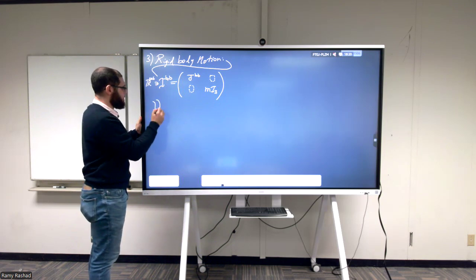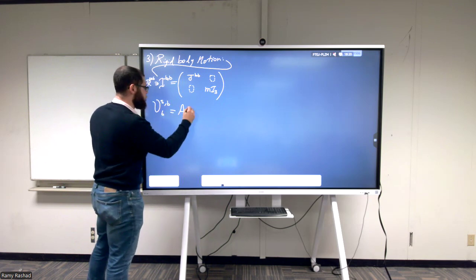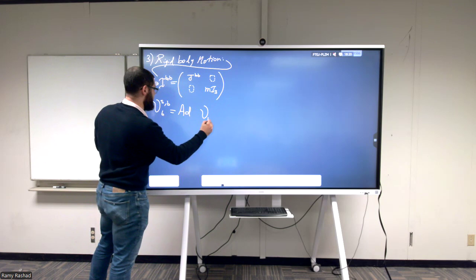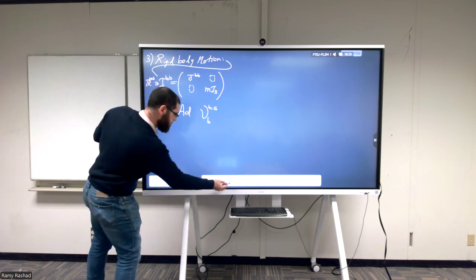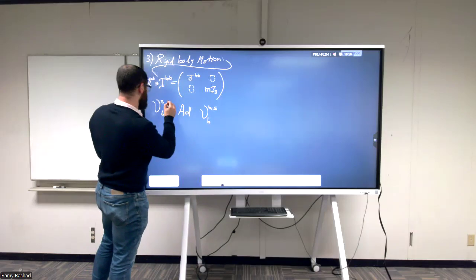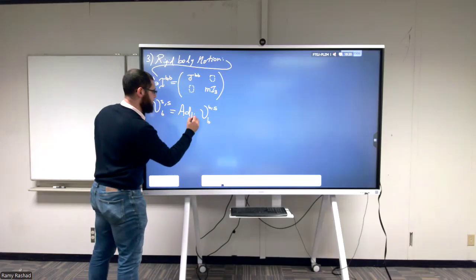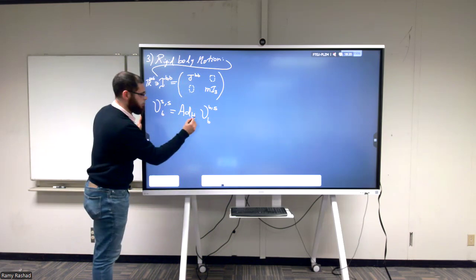The twist in frame S is equal to the adjoint times V_BS. What are the indices? What is down and what's up? B down, S up.